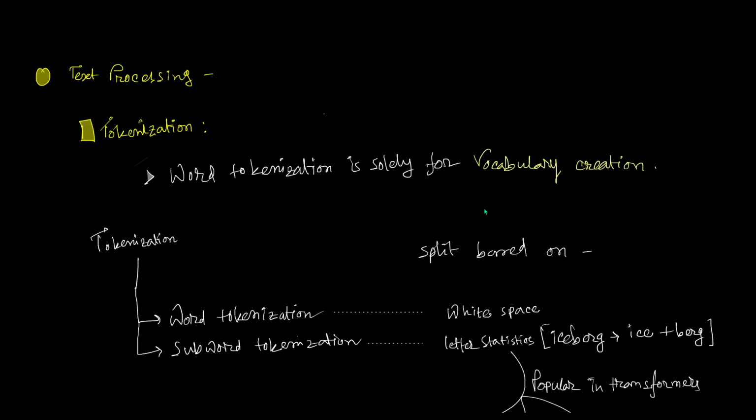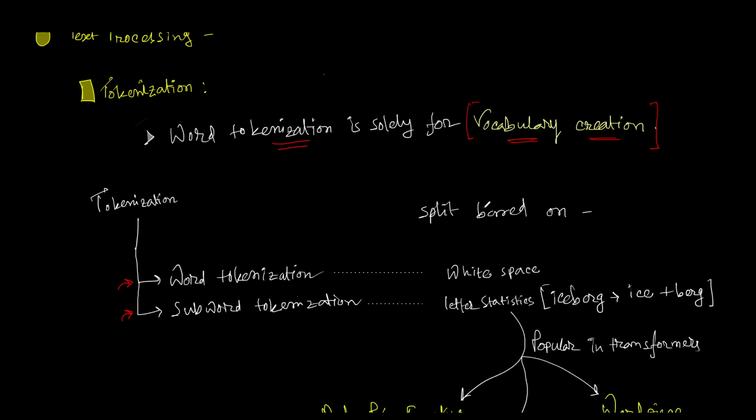So let's jump into tokenization now. As we discussed in the last video, word tokenization is basically responsible for vocabulary creation. This is the main motto of our technique. In case of tokenization, we mainly follow these two things: word tokenization or subword tokenization. Word tokenization is very simple.